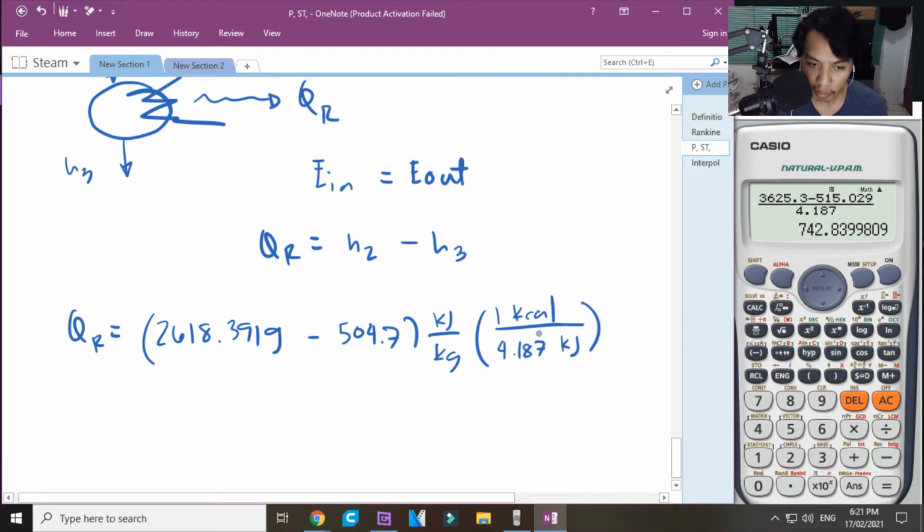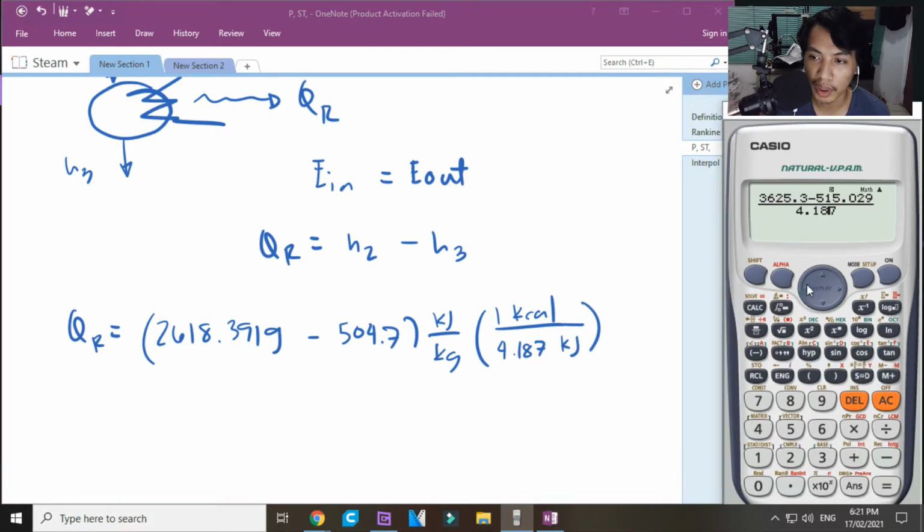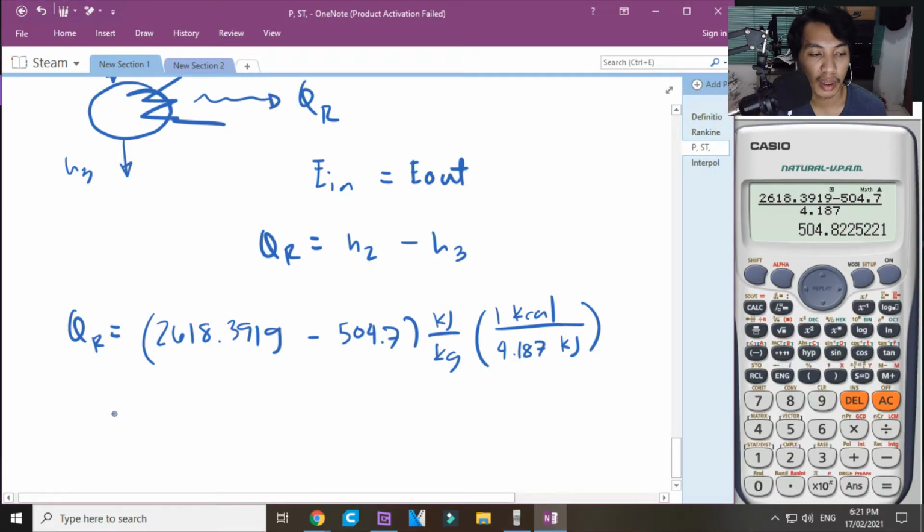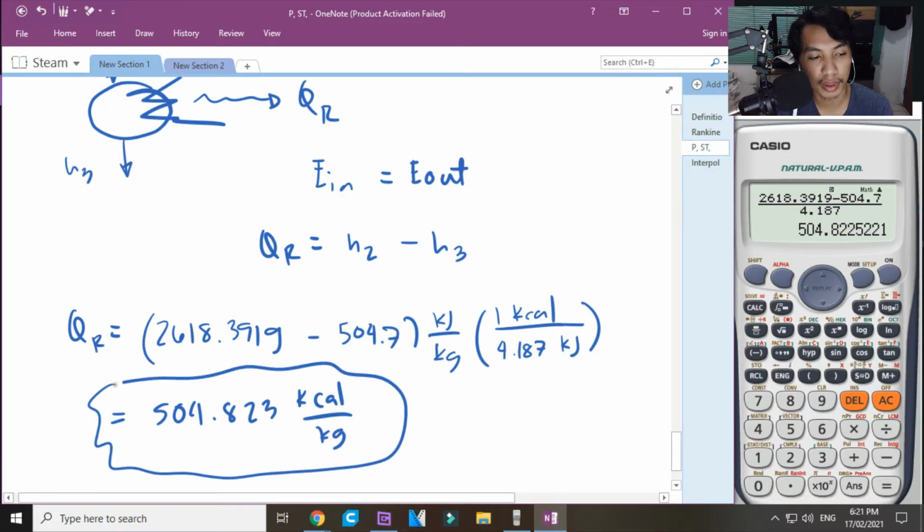Solve. 2618.3919 minus 504.7. Now the answer is 504.823 kilocalorie per kilogram. That is the answer for QR.